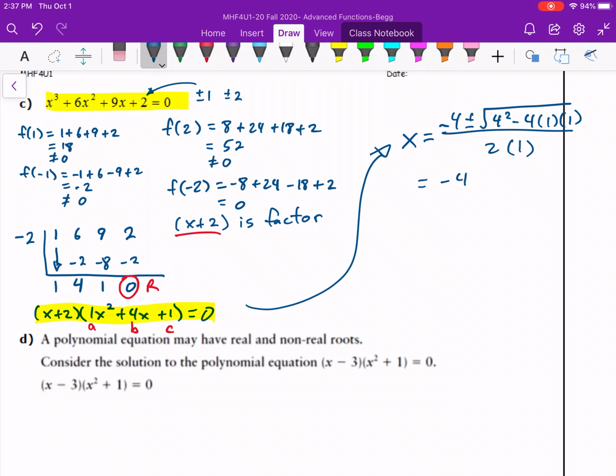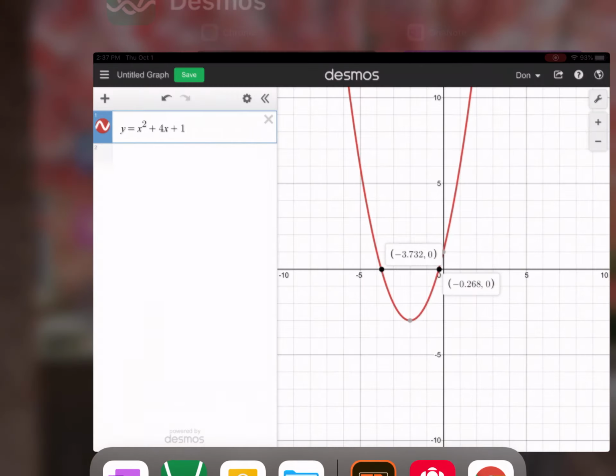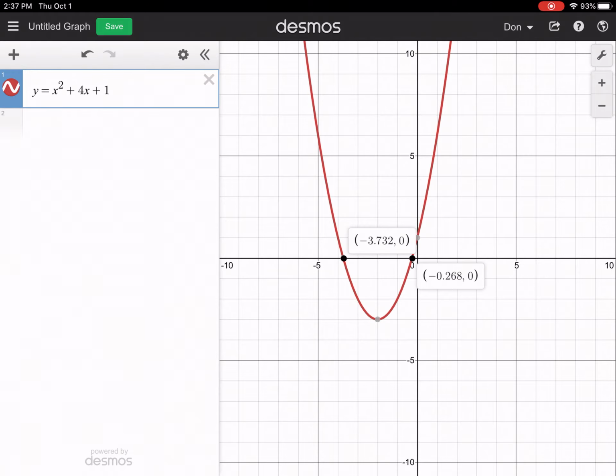So I get negative 4 plus or minus the square root of 12, over 2, and I get, just put it in the calculator, negative 0.27, and I also get negative 3.73, which is what we see on Desmos.